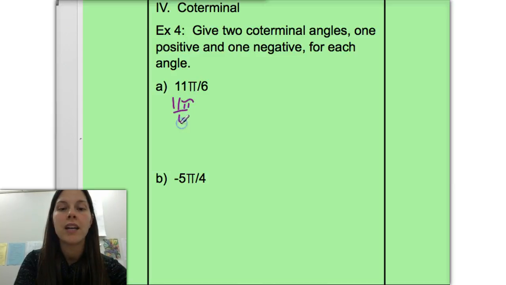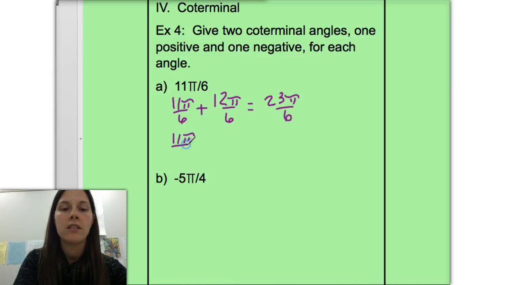So to put 2 pi as a common denominator with 11 pi over 6, I will have 12 pi over 6. So my positive coterminal angle will be 23 pi over 6. Subtracting 2 pi, or 12 pi over 6, my negative coterminal angle will be negative pi over 6.